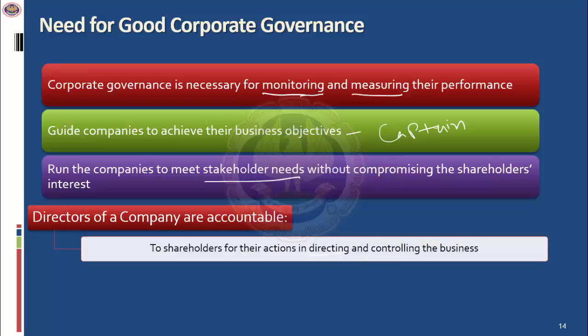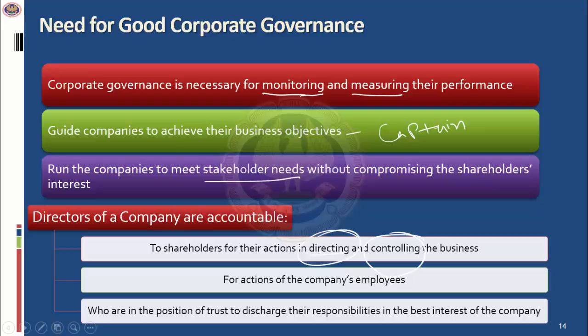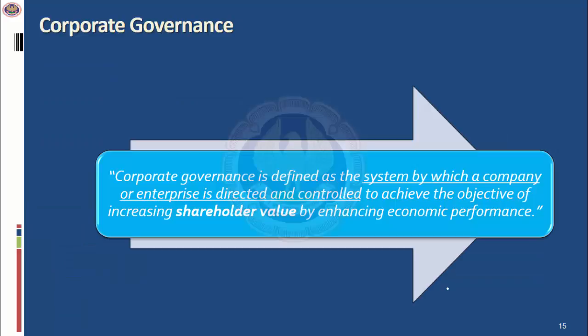Now again, you look at the key word here, direction and control of the business for the actions of the company's employees who are in the position of trust and to discharge their responsibilities in the best interest of the company. These all are the benefits of the need for good corporate governance. Let's look at corporate governance again.